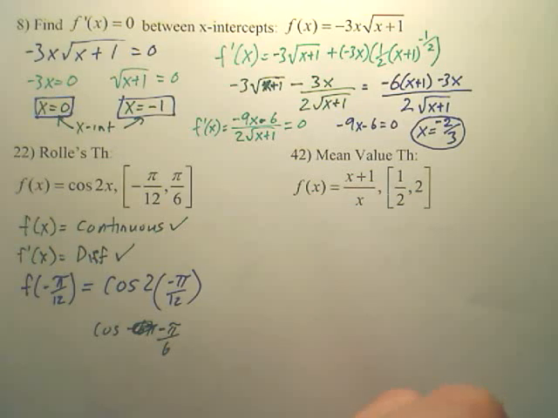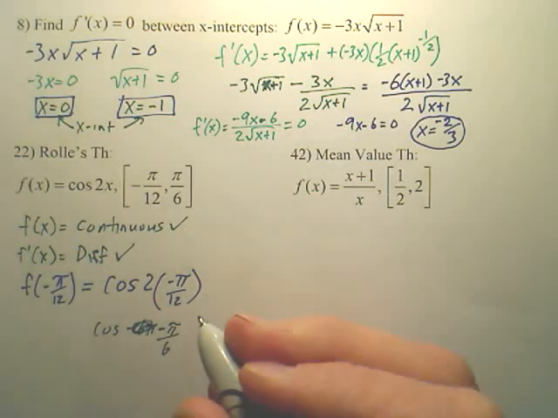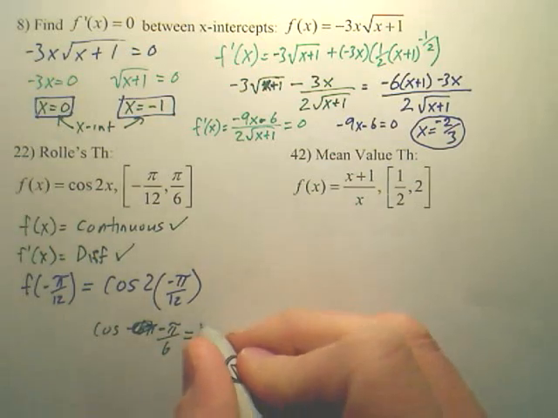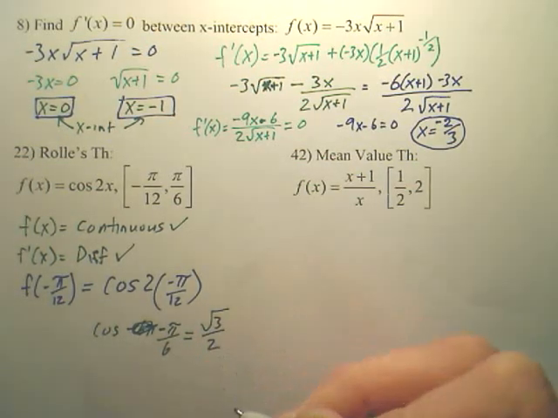And if you have cosine negative pi over 6, that equals square root of 3 over 2. Is that correct? I think that's square root of 3 over 2.